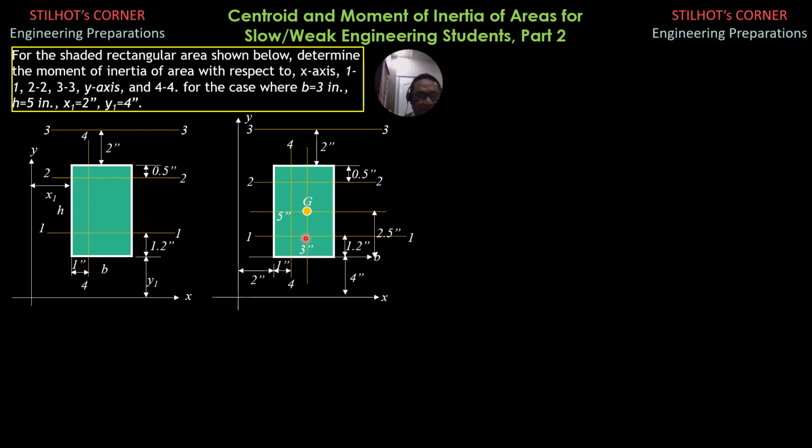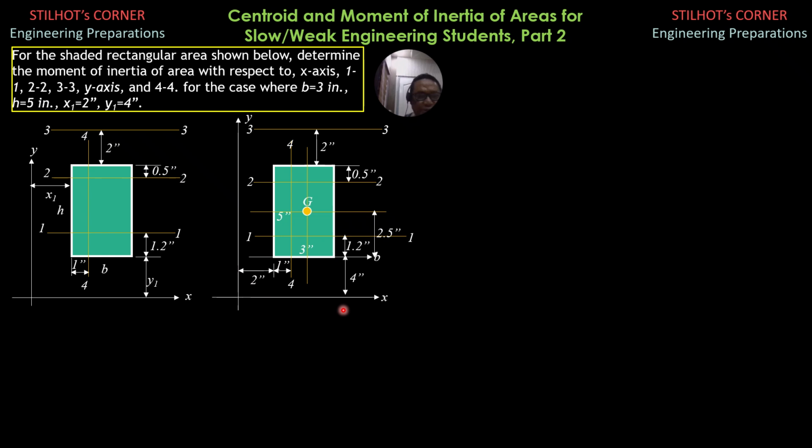So for moment of inertia with respect to the x-axis, we can consider moment of inertia of a big rectangle of height 4 plus 5, so 9 inches, less the moment of inertia of a rectangle with respect to the x-axis, which coincides with the base of this imaginary rectangle of base 3 inches and height 4 inches.